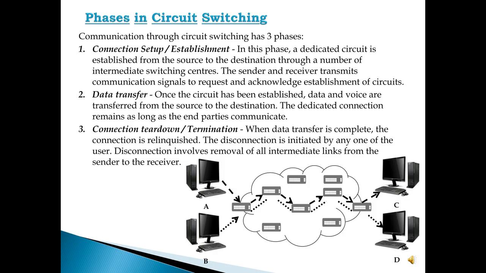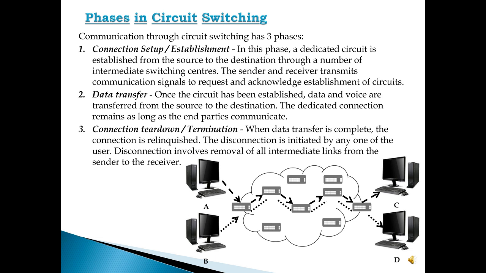When data transfer is complete, the connection is relinquished. The disconnection is initiated by any one of the users. Disconnection involves removal of all intermediate links from the sender to the receiver.